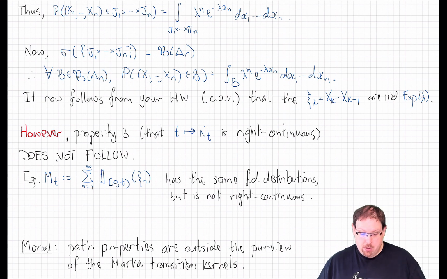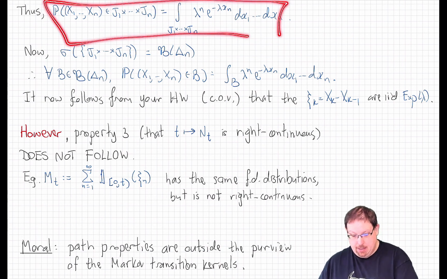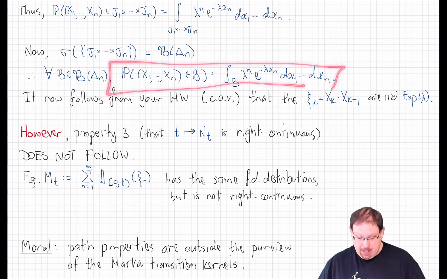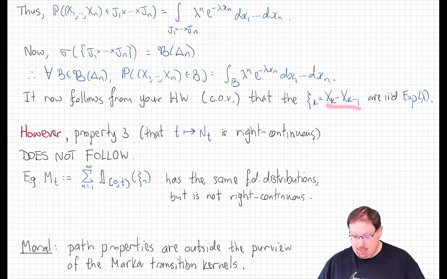And so that shows, by Dynkin, that this formula holds for all such b's. And now you can reverse engineer that change of variables calculation that you did to show that the differences, ck, between subsequent xn's are, in fact, IID exponential random variables, as we claimed.